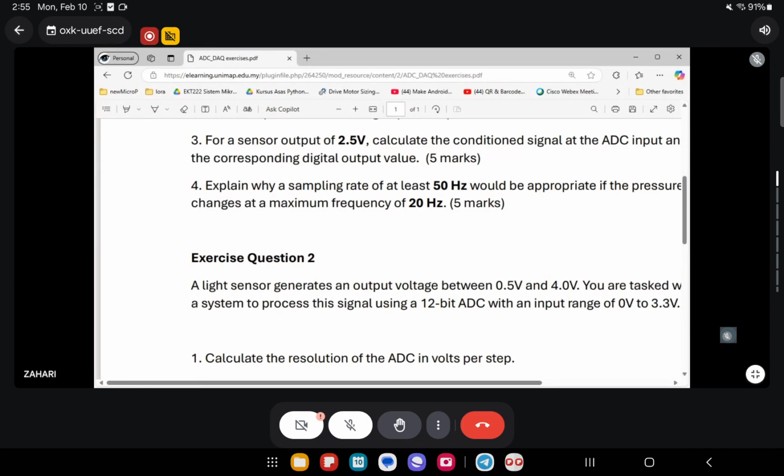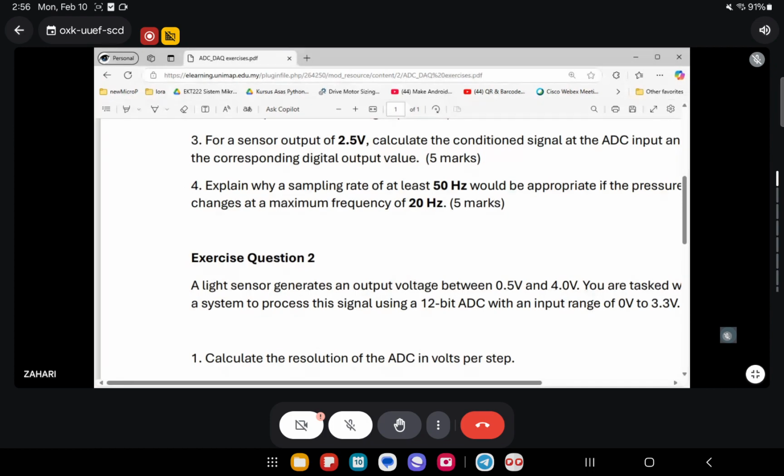Okay, so if you can understand, from 0 to 3.3 volt, you have a total of 4,096 steps, which determine the resolution.